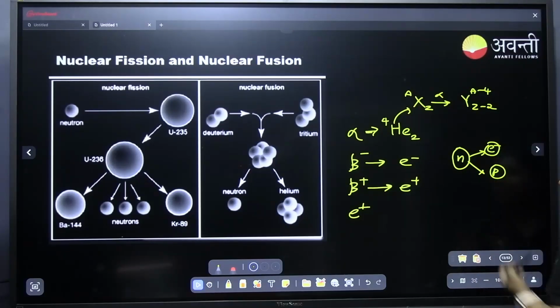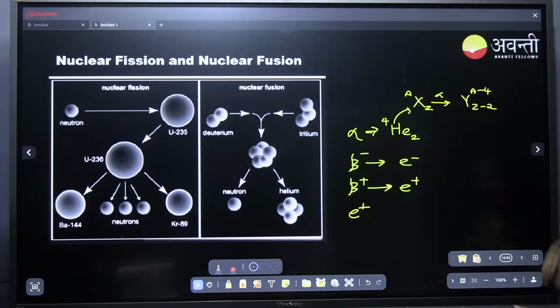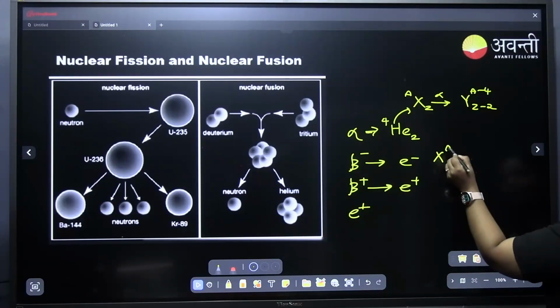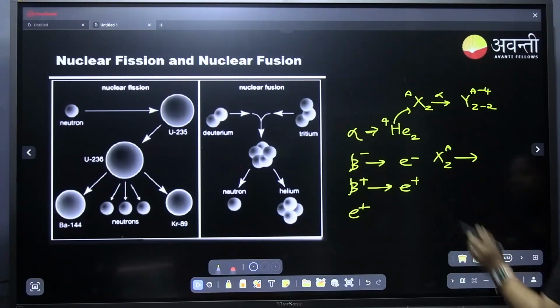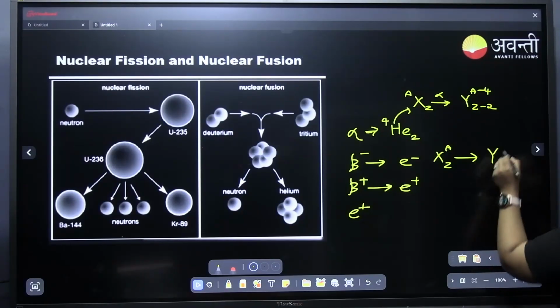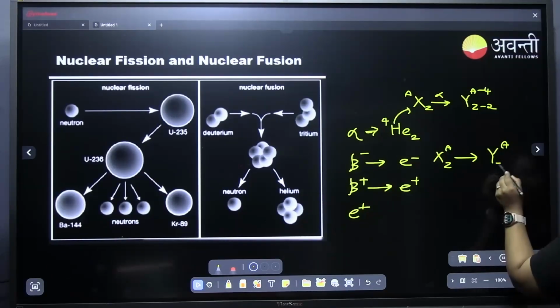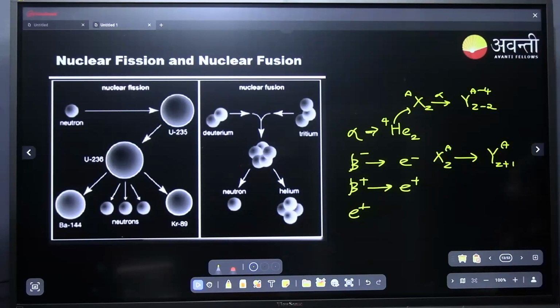If beta minus emission is happening from X, A, Z, what is happening? One neutron is converting to a proton. So here the mass number will remain the same, but the atomic number will increase by 1.